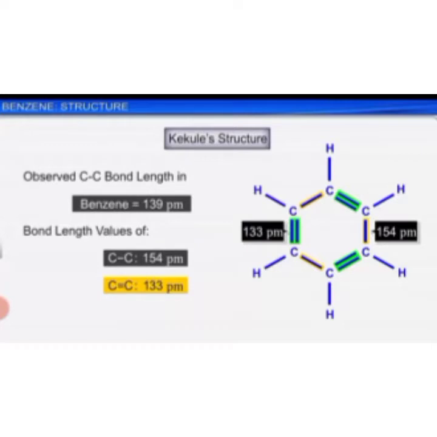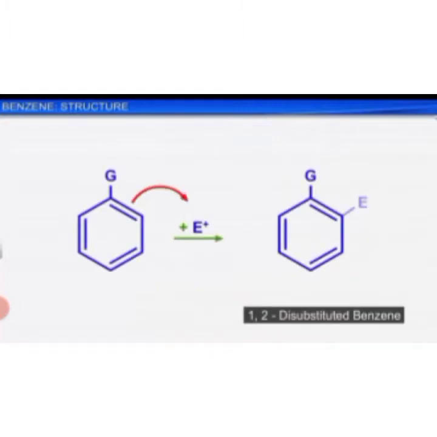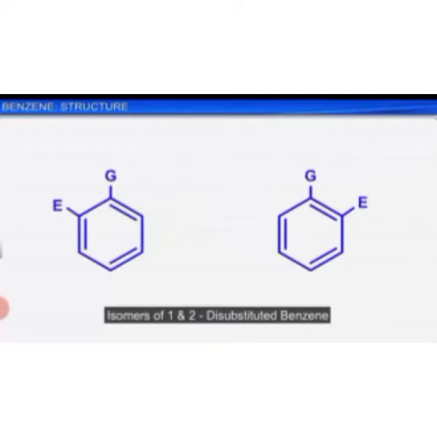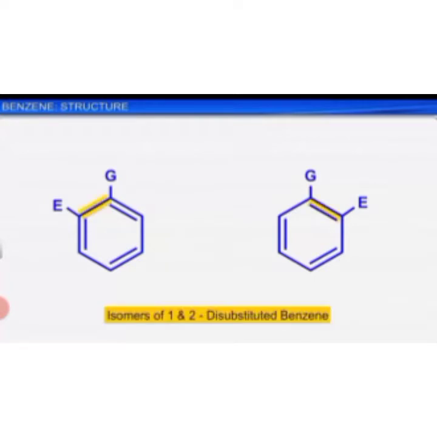This structure cannot explain the formation of only one 1,2-disubstituted benzene, because, according to this structure, 2 isomeric 1,2-disubstituted benzenes should result. For example, as shown here in isomer 1.